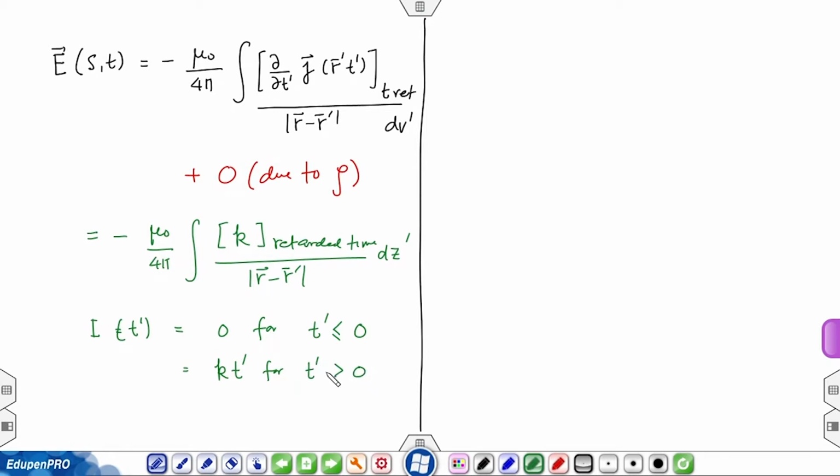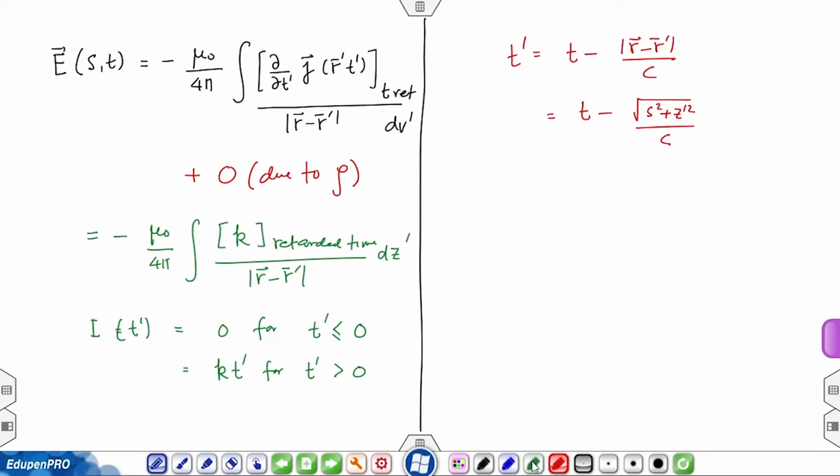What is t prime? t prime is equal to t minus script r over c. And again, because of the cylindrical symmetry and all that we did in the previous problem, this is going to be equal to t minus square root of s square plus z prime square over c.